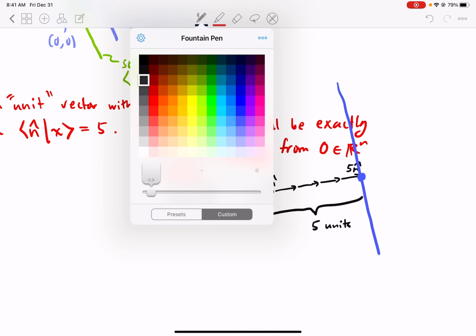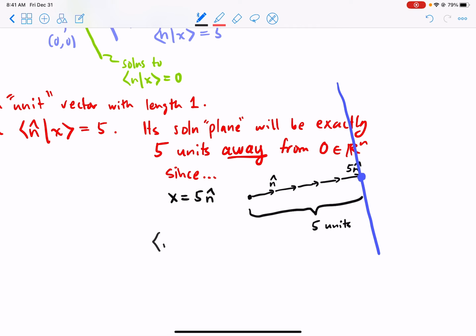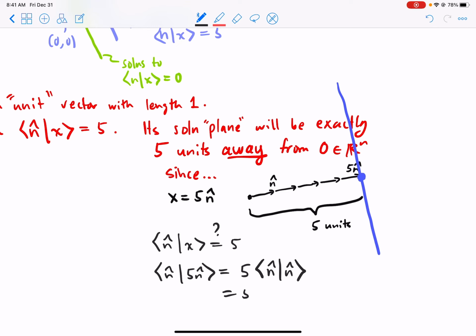So let's calculate. Is n hat dot x equals 5 true? Well, n hat dot 5 n hat equals, and now we can pull the 5 out. This is by linearity. The dot product is linear. So the 5 can pull out, and it leaves n hat dot n hat. But that's 5 times 1, because n hat is a unit vector. And that is 5. Perfect. So the answer here is yes.